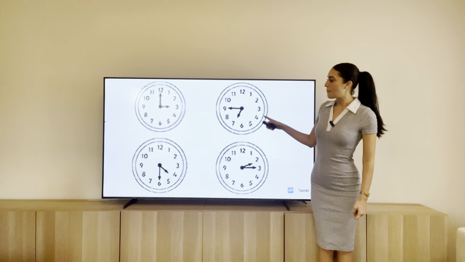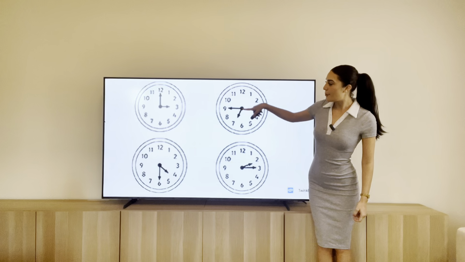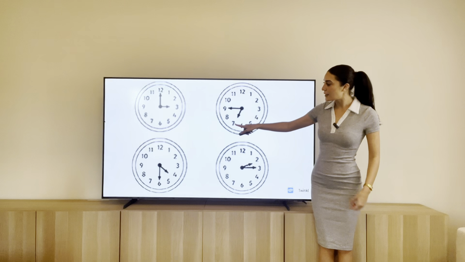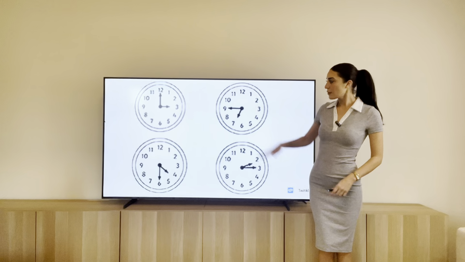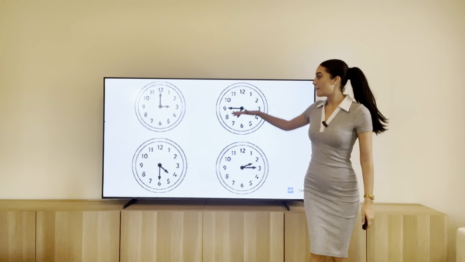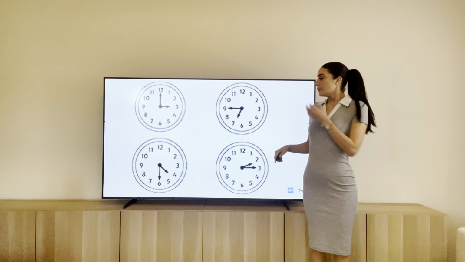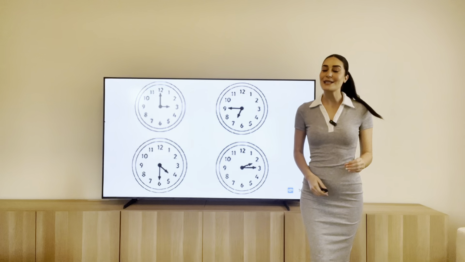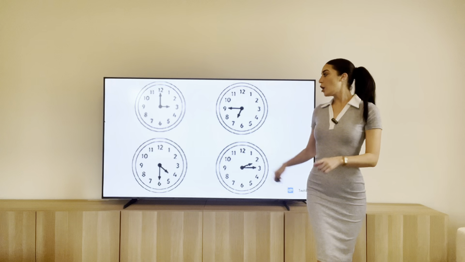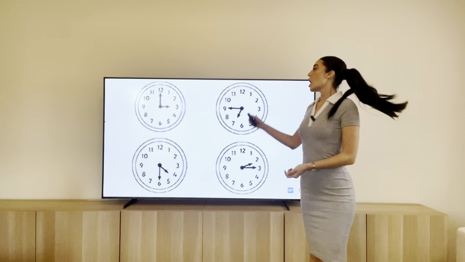Let's have a look at this one. Okay, so the big hand is on the 9, the little hand is on the 7. So it's not yet 7, but in 15 minutes it will be. So for this clock, you can say that it is 6:45 or quarter to 7. What time is it?